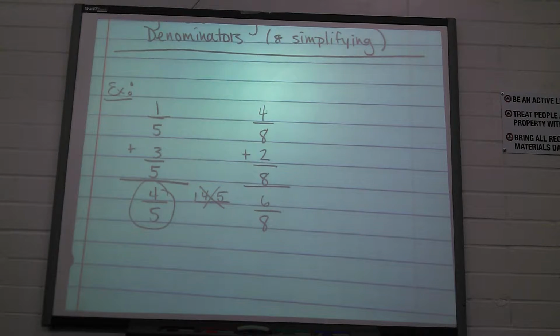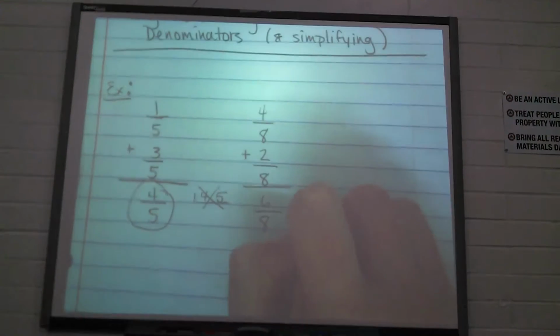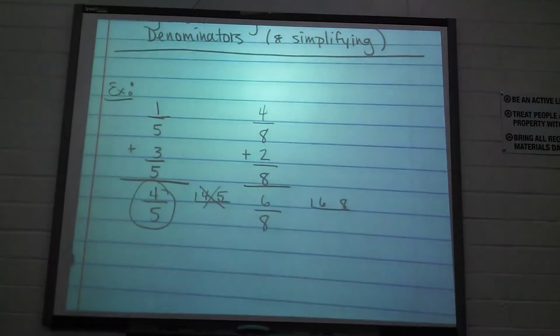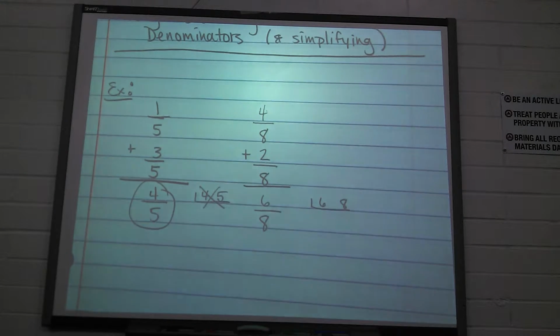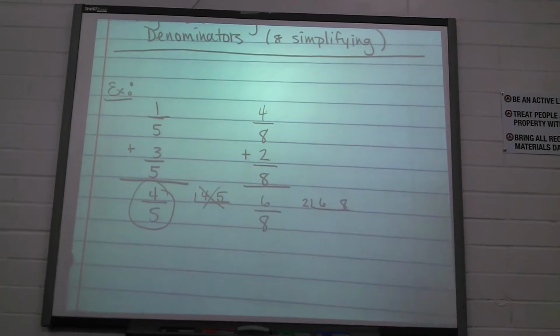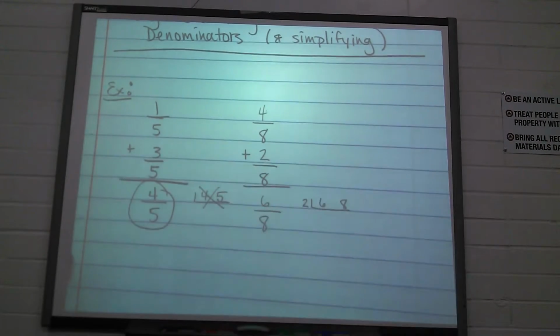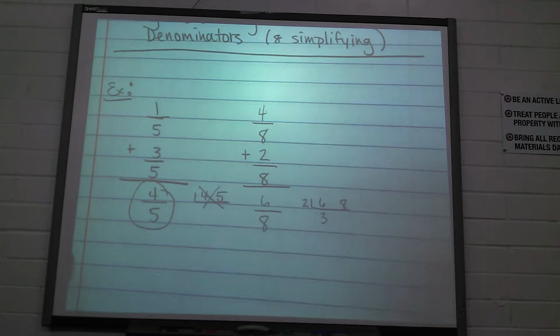Okay, can we reduce this problem? Well, let's see. Let's plug them into our division ladder. 6 and 8. And let's start with 2. Can 2 go into both of those numbers? Yes. And we know that because they are both even numbers. What times 2 equals 6? We know that that's 3. What times 2 equals 8?